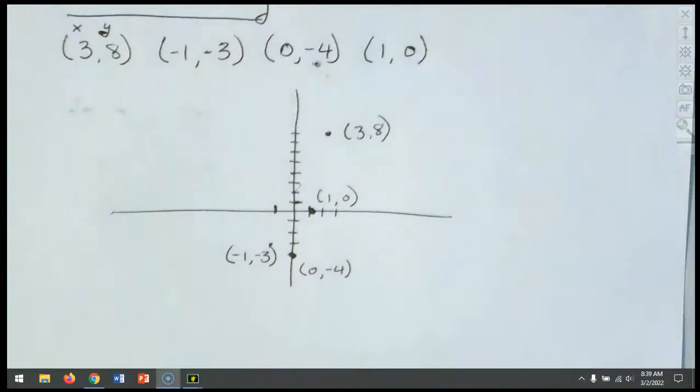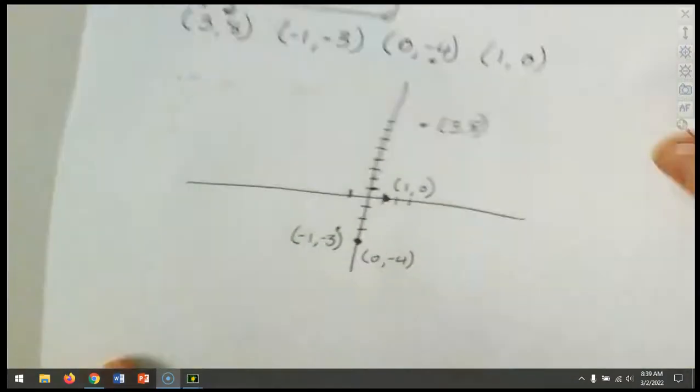Now we did not connect them together. These did not get connected together. We said plot. When we say graph, that means we connect them together. How can we graph a line? Well, we can graph a line by connecting 2 points together. So you need at least 2 different points to graph a line.